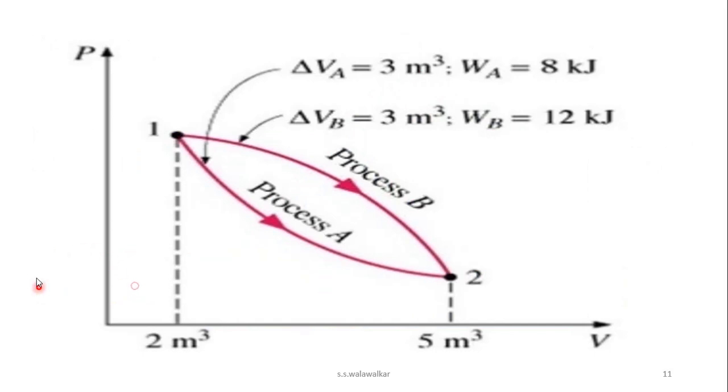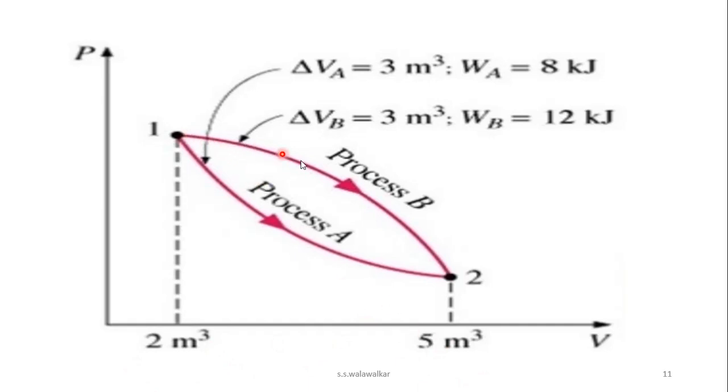Another example, that is here the system is in a state first, that is initial state, and it reaches the final state, that is state second. Whenever it is in the initial state, its volume is 2 meter cube, and when it reaches the final state, its volume is 5 meter cube. As pressure is decreased, volume of the system increases.